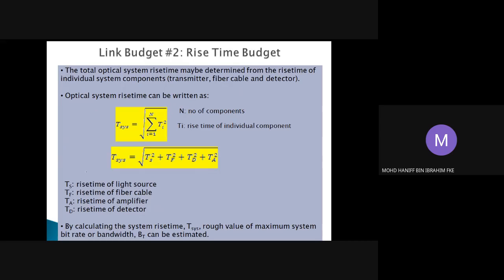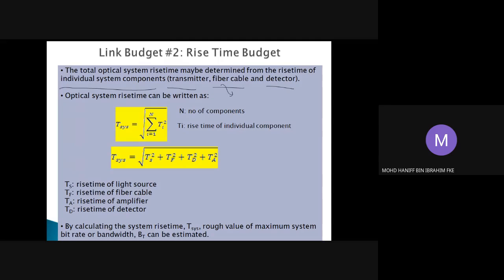Okay, so that should be given by this slide then. The first sentence here is that the optical system rise time may be determined from the rise time of individual system components. In general, we have the transmitter, the fiber cable itself, and the detector.